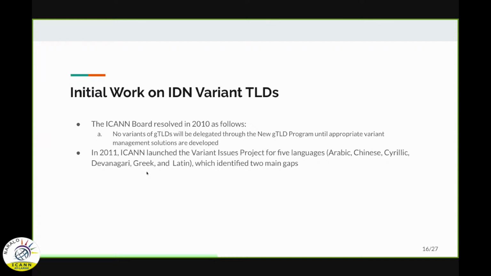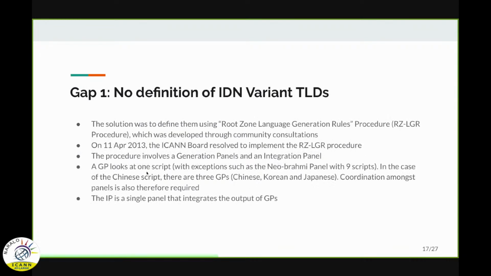This particular report identifies two main gaps. The first gap, as we mentioned, is that there is no definition of IDN variant TLDs. So to overcome this, they created a new process called the Root Zone Label Generation Rules, LGR. This standard was created through community consultations.